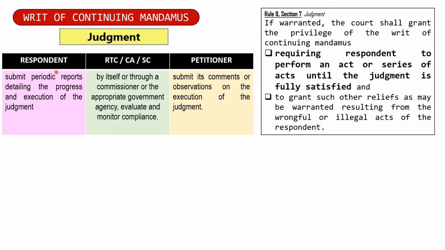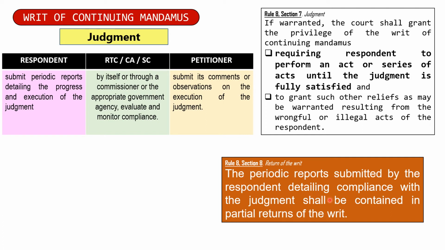The responsibility of the respondent is first to submit periodic reports detailing the progress and execution of the judgment. And these periodic reports will be contained in the partial returns of the writ. How about the court? What is its responsibility?